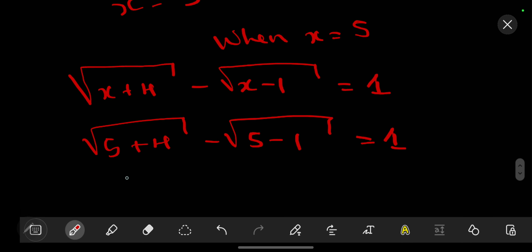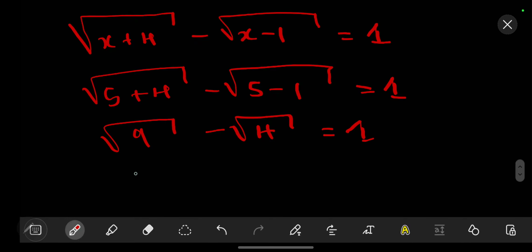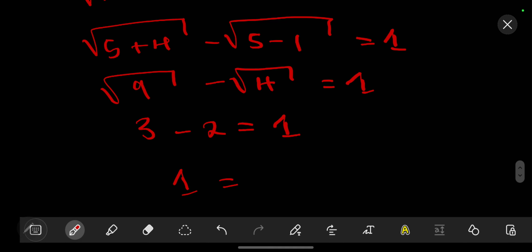So 5 plus 4 gives us the square root of 9 minus, 5 minus 1 gives us 4, should be equal to 1. So the square root of 9 gives us 3 minus the square root of 4 gives us 2, which should be equal to 1. 3 minus 2 is 1. So you have 1 is equal to 1.